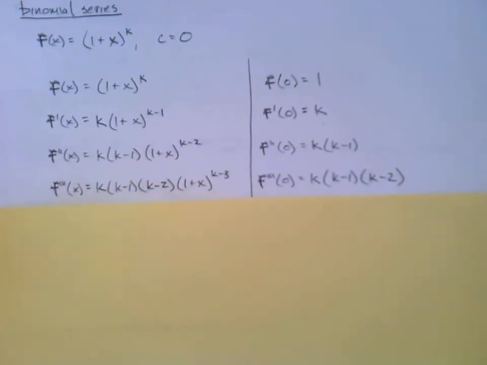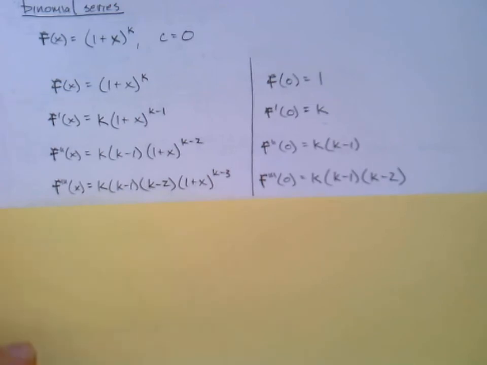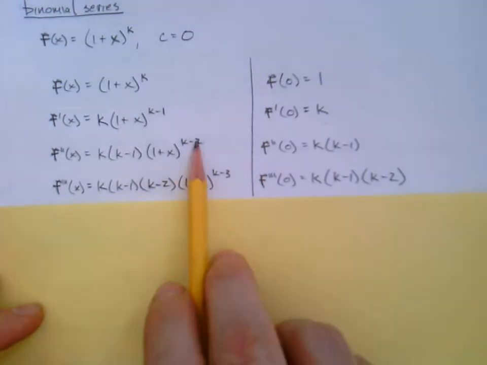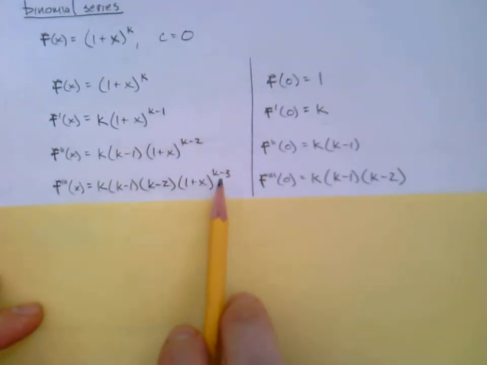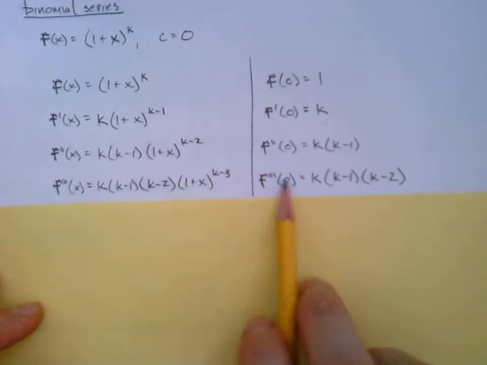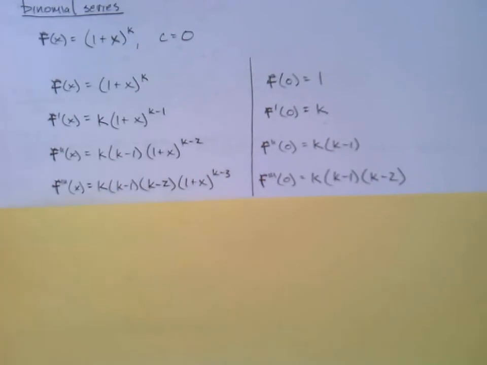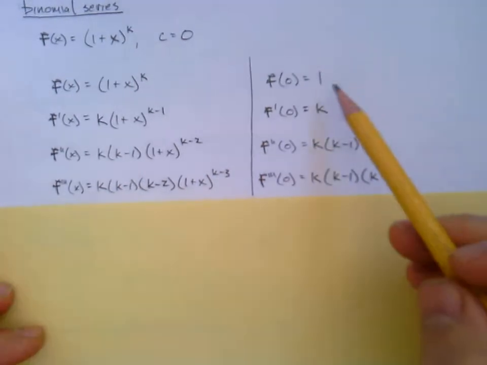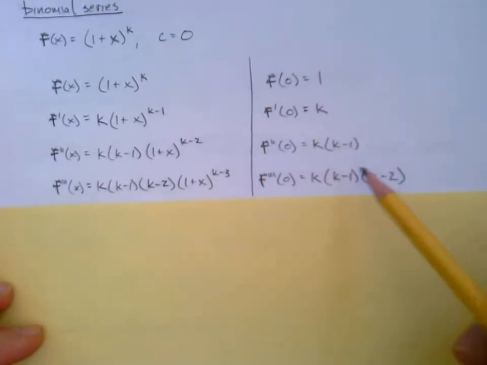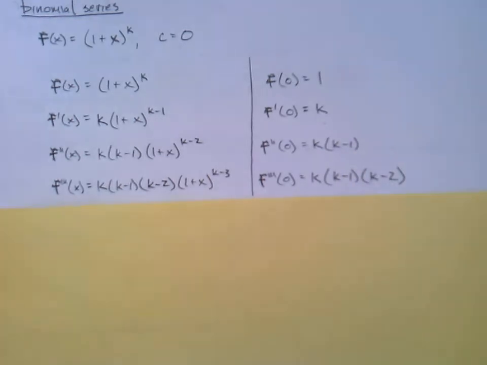The third derivative, and we really see the pattern clearly at this point, multiply the k minus 2 down, it drops to k minus 3, but then plugging in 0, all of this part goes to 1, k times k minus 1 times k minus 2. And you can see, oh, okay, it starts at 1 and then k, and then we keep attaching that next part that we multiply by each time.